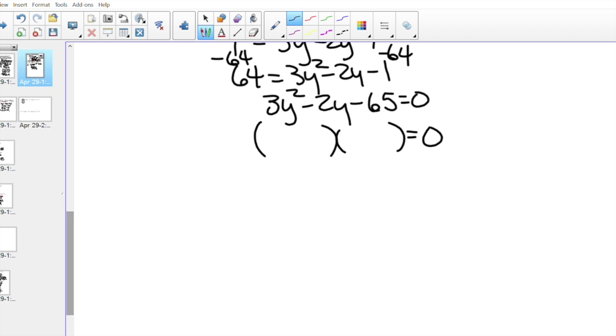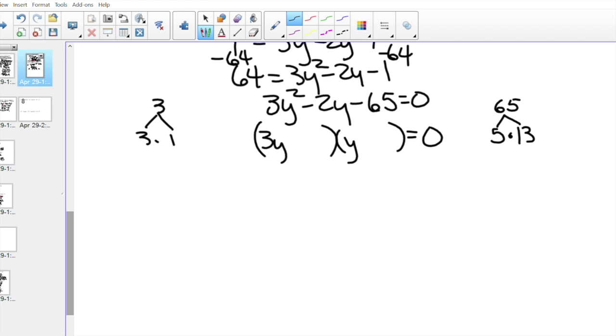Now, over to the side, do we know that 3 is 3 times 1? So the first is 3y and the second is 1y. Now let's take 65 and determine some factors of it. Everybody knows that 5 will go into 65; that's 13. Those are the only factors other than 65 times 1.